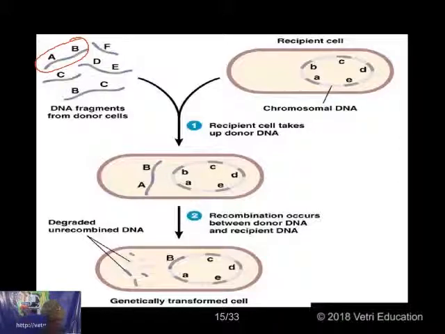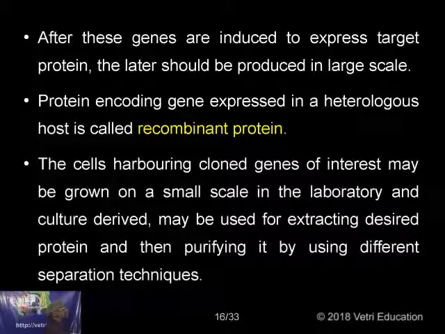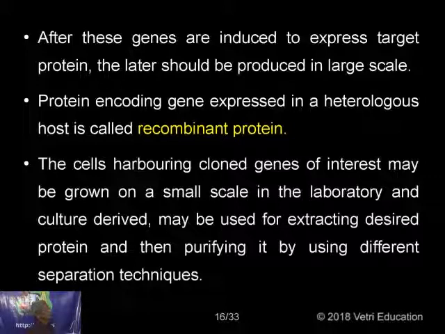So, recombinant DNA occurs between the donor DNA and then the recipient DNA. After these genes are induced to express a target protein, the latter should be produced on a large scale. That is the main game.